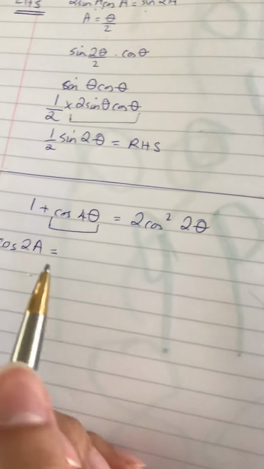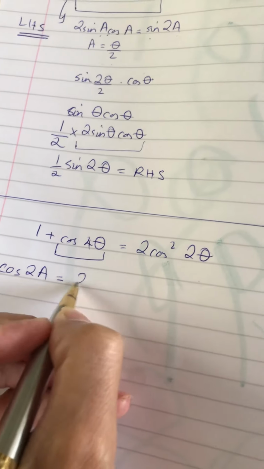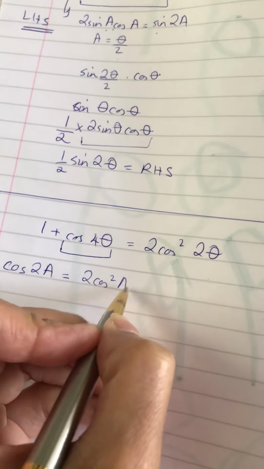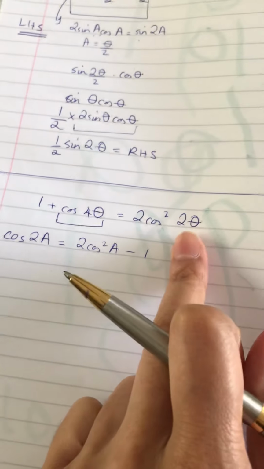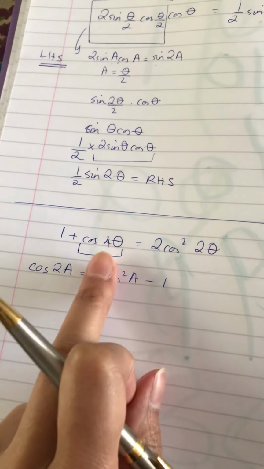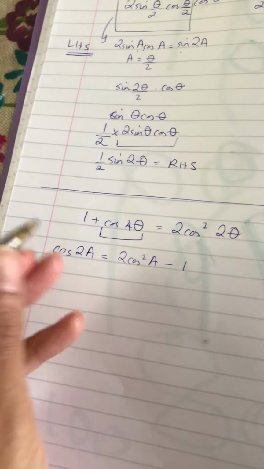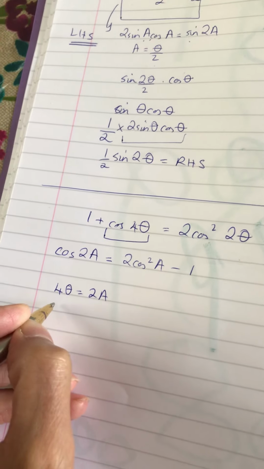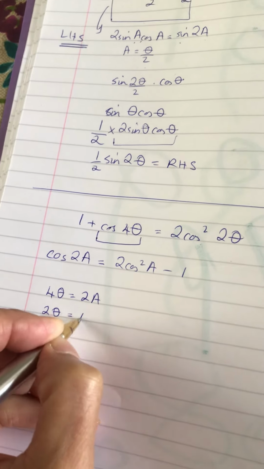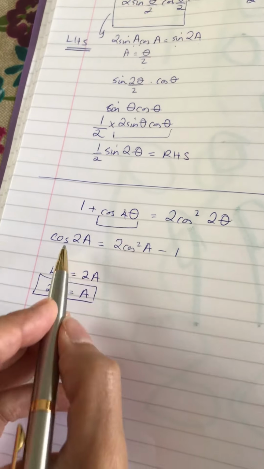Okay, so I'm going to pick the one that has cos in it. So I'm going to write that this is 2 cos squared A minus 1. That's the trig identity. You do have to learn these. That's the one I'm using because I know my answer has to have a cos squared in it. Now if you have a look at this bit here, if 4 theta is 2A, then A must be 2 theta. So I'm just going to write that whole bit out again.